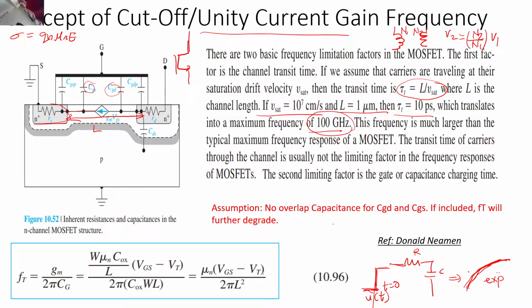So why do I need this amplifier? The simple reason is that your current is also going to reduce by the same factor. V2 is equal to N2 by N1 times V1, but at the same time I2 is N1 by N2 times I1. So the moment you multiply these terms, the product of V and I is going to remain the same.